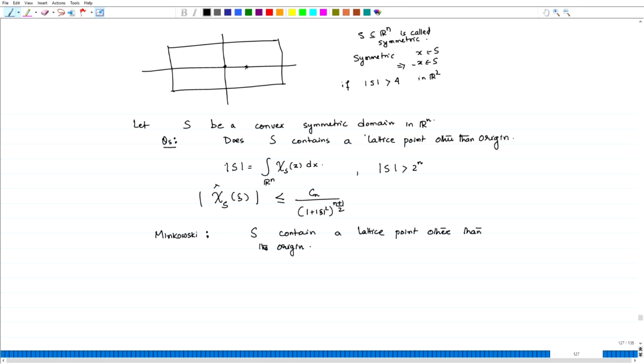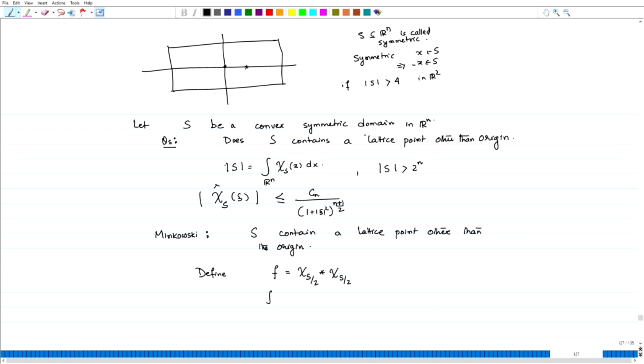Okay. So, what we will do is the following: define f equal to the indicator function of S by 2 convolved with the indicator function of S by 2. As you can see, S is a symmetric domain, so S by 2 is also a symmetric domain.